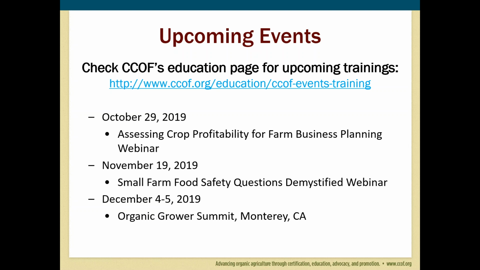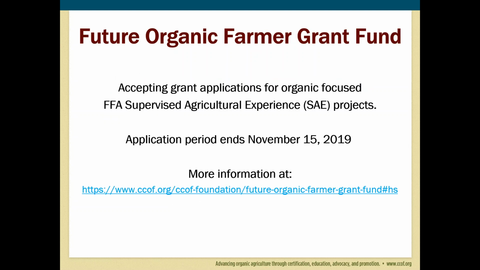So that's a good one. And then in December, the CCOF and the Organic Produce Network are co-hosting the Organic Grower Summit in Monterey. So that's a great event to connect with a bunch of people in person, and they have a lot of really good panels and whatnot as well.